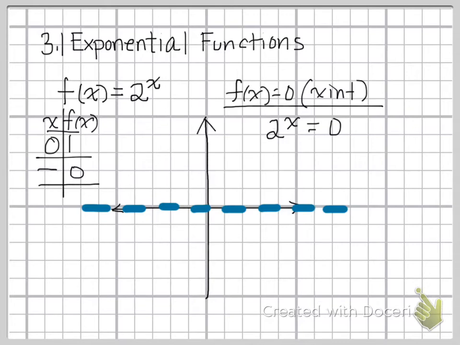So what do I have here? I've got the horizontal asymptote at y equals 0. I've got the y-intercept at 1. So I'll make my y scale like that, and I'll do the y-intercept at 1. Now what? Well, let's just find another point.